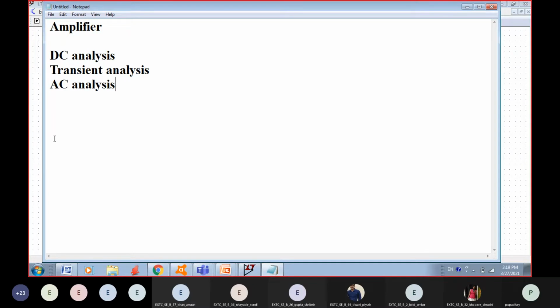DC analysis will give you all the voltages and currents, whereas transient analysis will give you time-based sinusoidal waveforms, with time on the x-axis and amplitude on the y-axis.